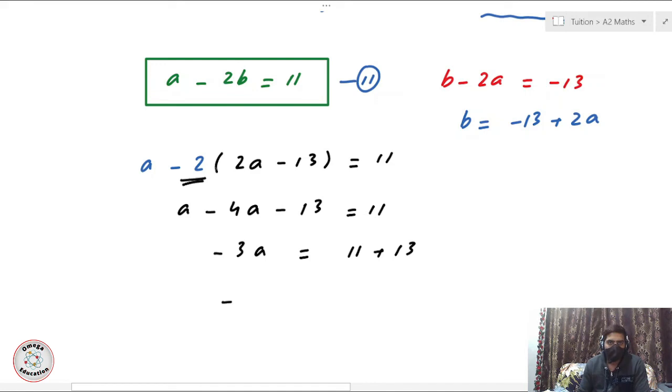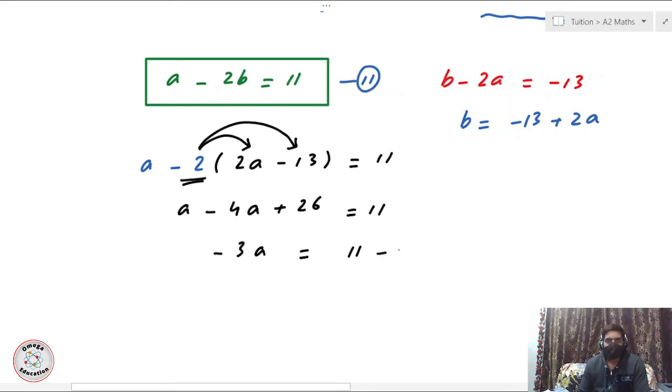I forgot to multiply this negative 2 by 13. You have to multiply this negative 2 with everything on the inside, so it would be plus 26.